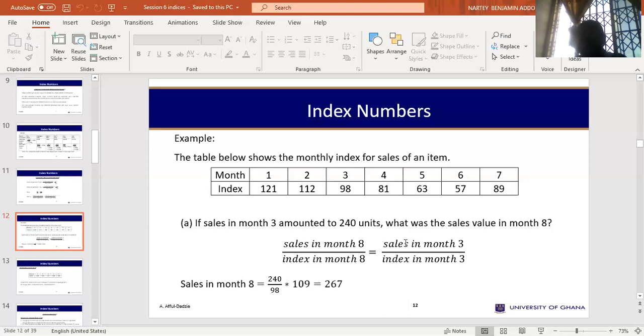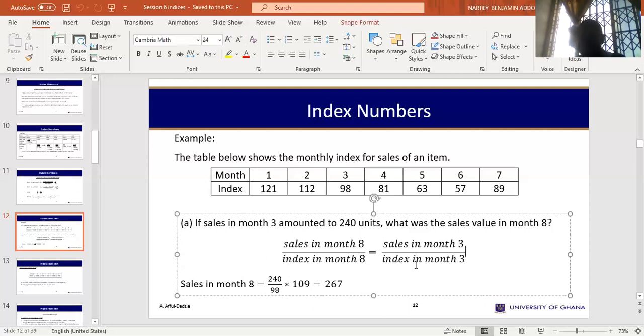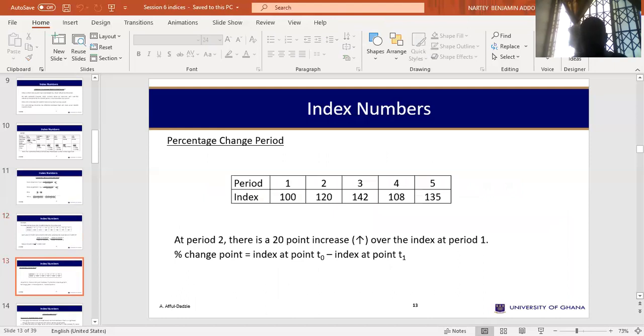So finally, sales in month 8 will be sales in month 3 times index in month 8 all over index in month 3. We know the sales in month 3 to be 240. We know the index in month 3 to be 98. So what is the index in month 8? I think that is 109. If that is it, then that will be correct. Otherwise, there is no way we can compute that.